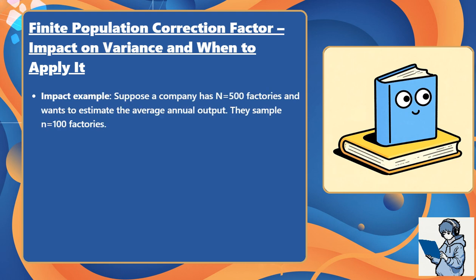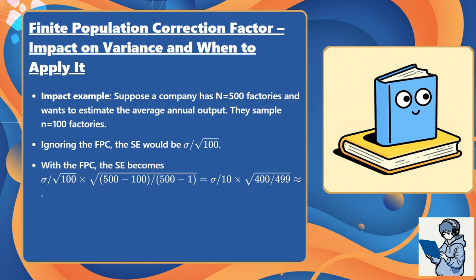Impact example: suppose a company has N equals 500 factories and wants to estimate the average annual output. They sample n equals 100 factories. Ignoring the FPC, the standard error would be sigma over square root of 100.